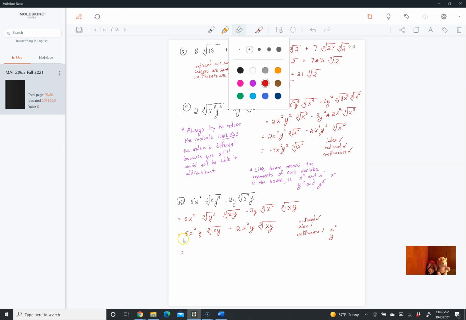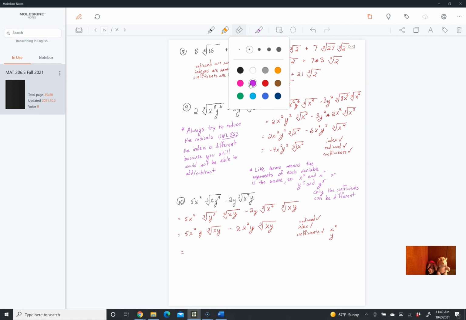So the only thing that should differ is the coefficients. And that's the case here.